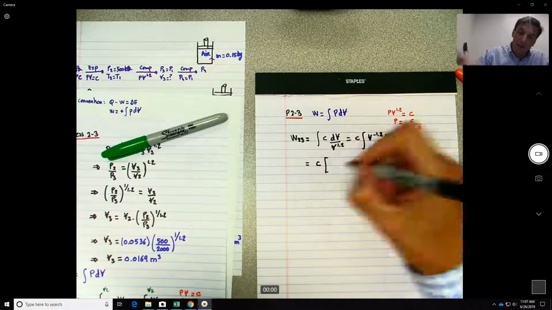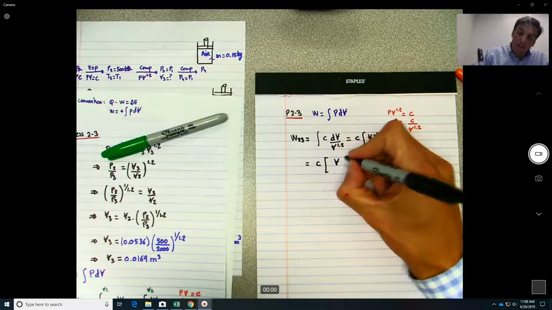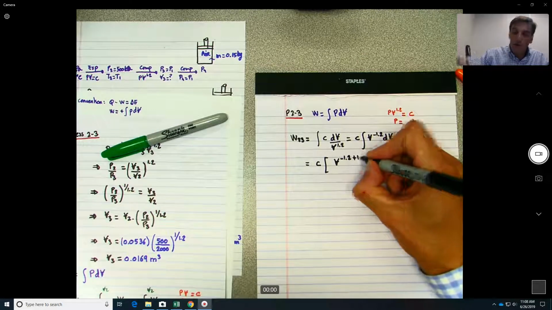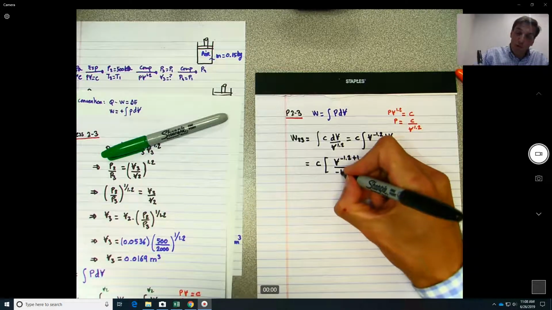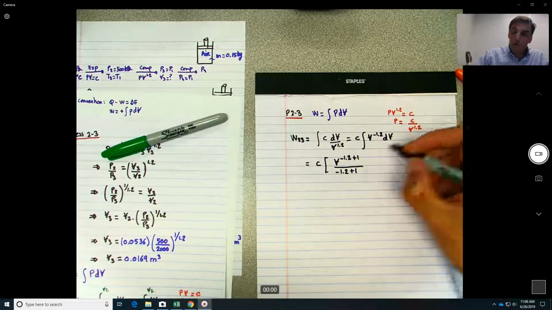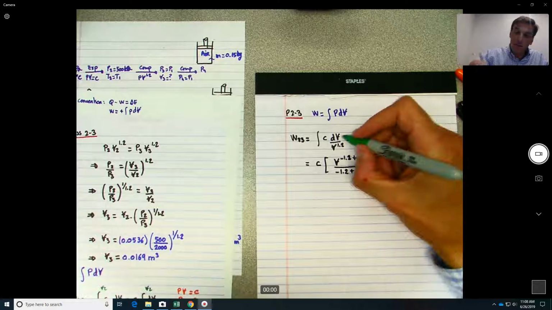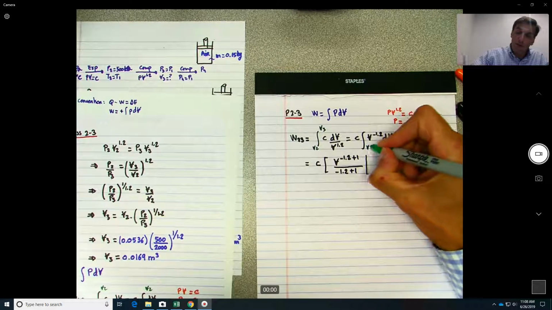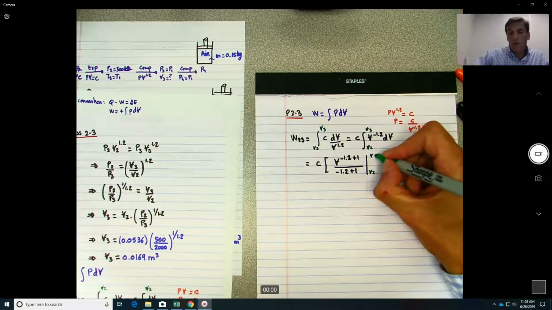C, and once I integrate this, what do you have? You have V to the power of minus 1.2 plus 1, divided by minus 1.2 plus 1, and the limits of integration in this case will be V2 and V3.